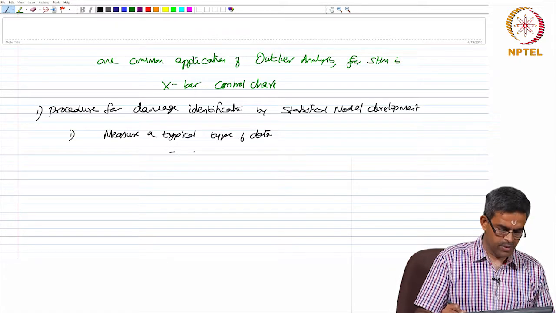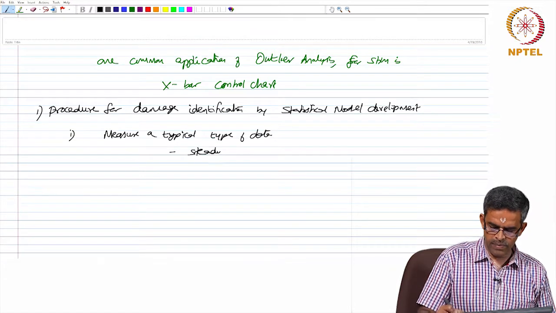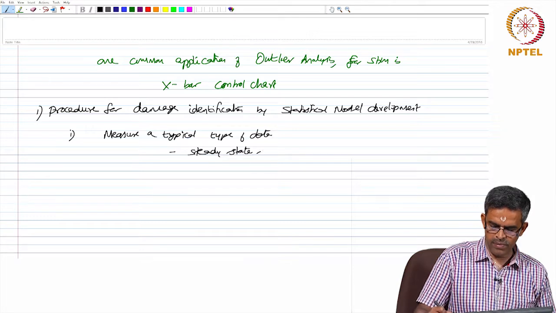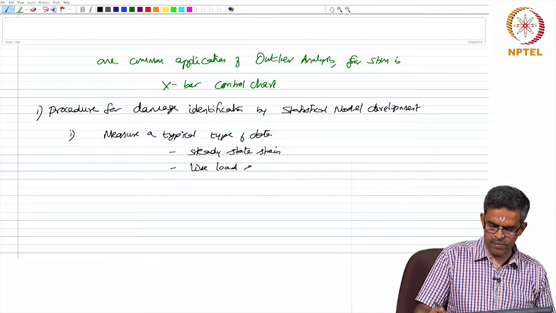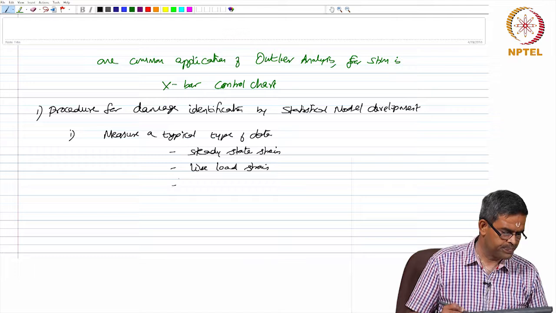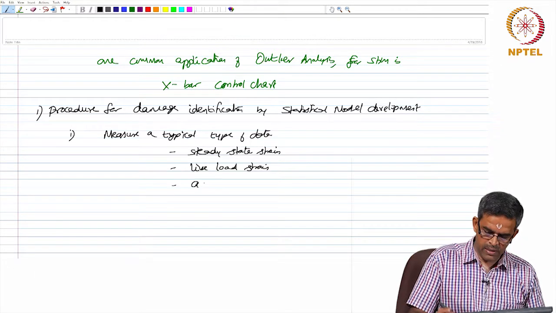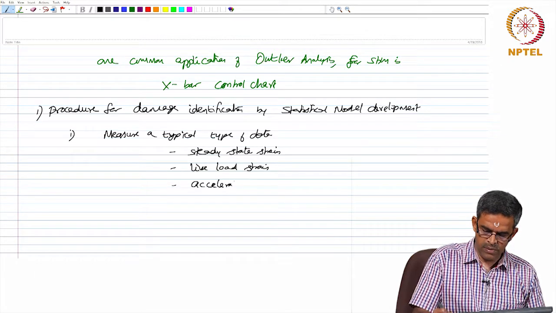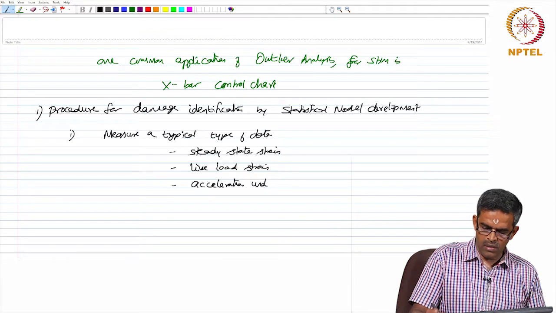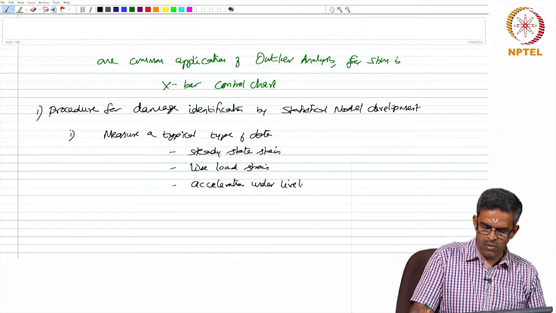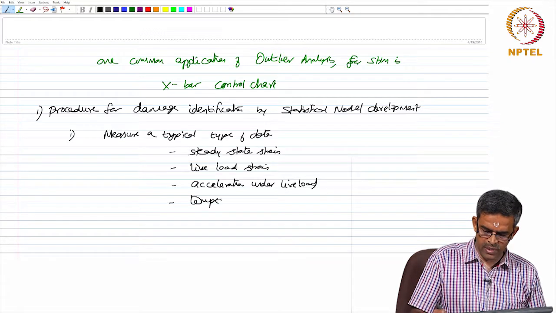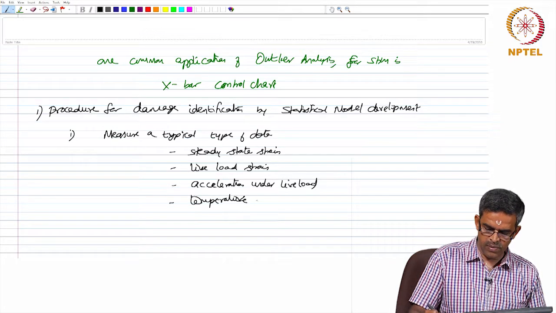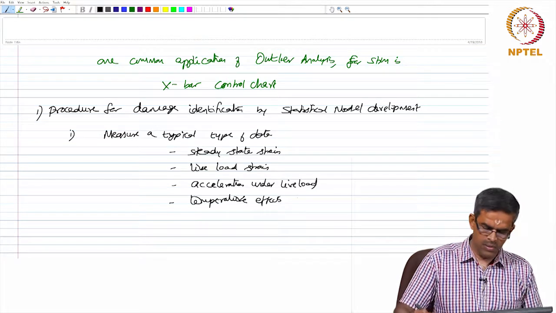Namely, steady state strain, live load strain, acceleration under live load. One can also measure temperature effects on strain.